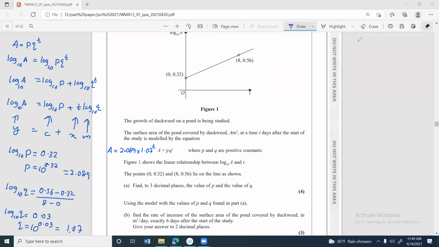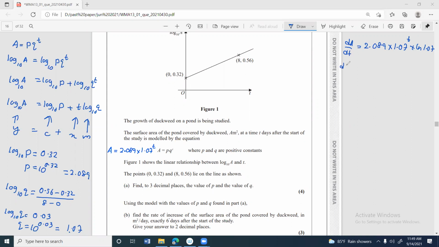So initially we need to find what is dA by dt. So this is 2.089, a constant, times 1.07 to the power t, and the differentiation is t into ln 1.07. So when t equals 6, t is measured in days, right?